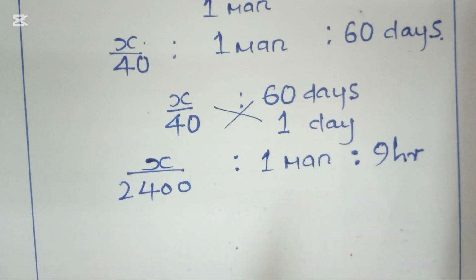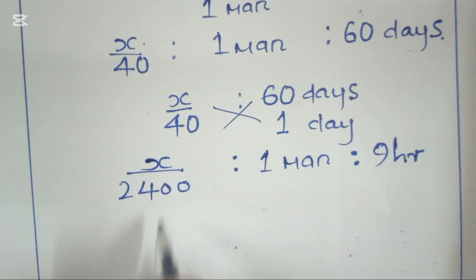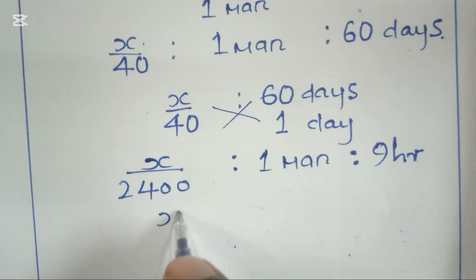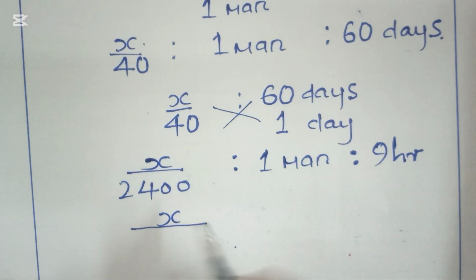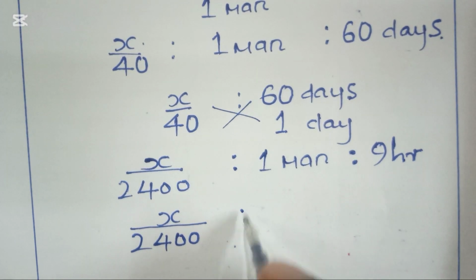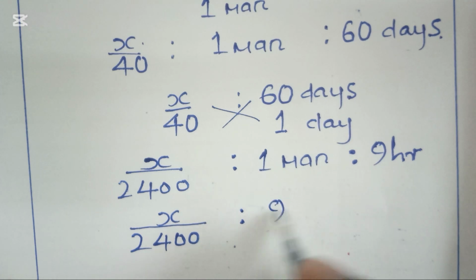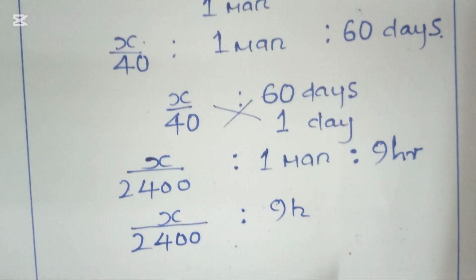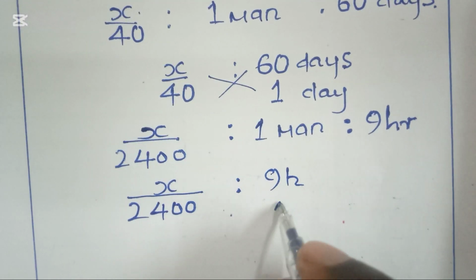So the next thing we are going to check is that if one man is going to work for 1 hour, how much work will he have done? The fraction of the work that he will do. So this one is for 9 hours, because it's for 1 day. What about for 1 hour?